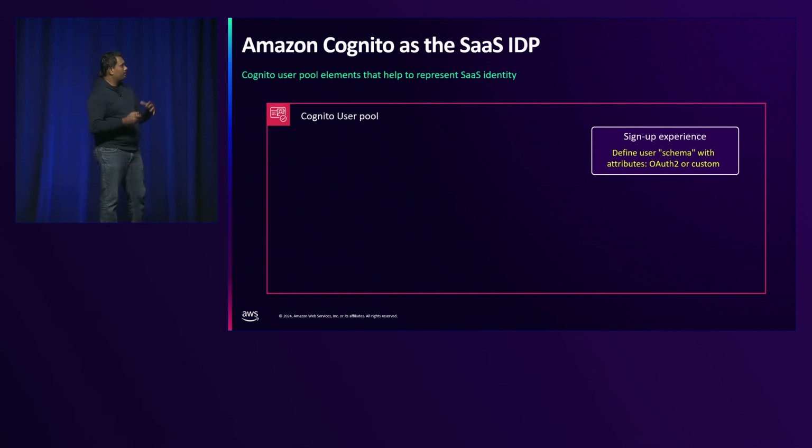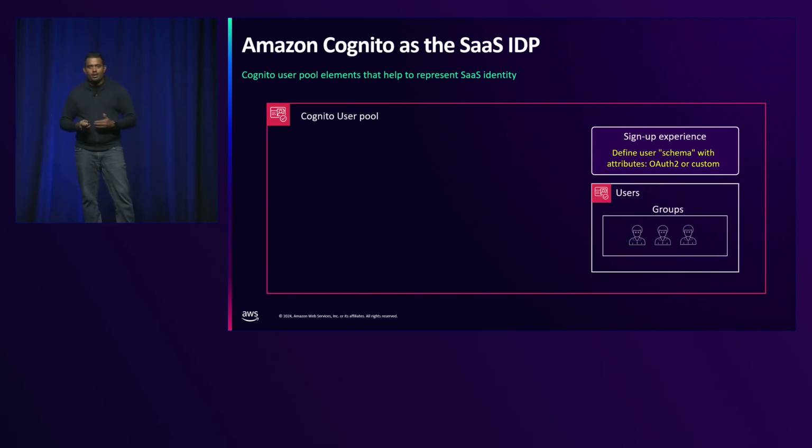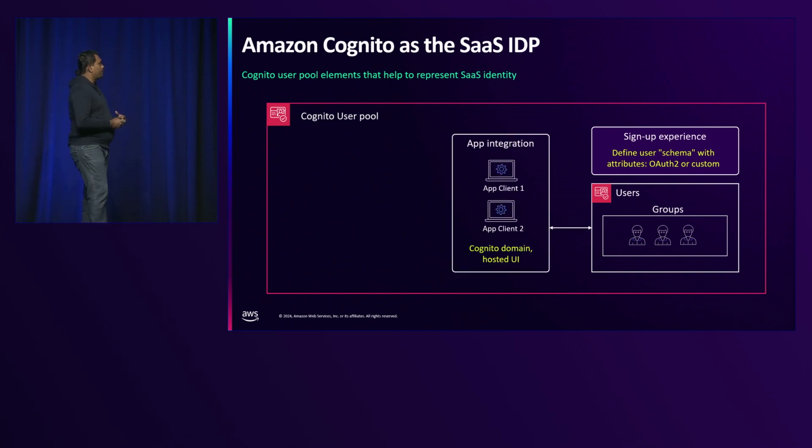So based on that, the Cognito will go ahead and create the users as and when the tenant users are to be onboarded. And on top of that, we will create one or more app clients, which are the entry points to the tenant users to connect to the user pool for identity operations such as authentication.